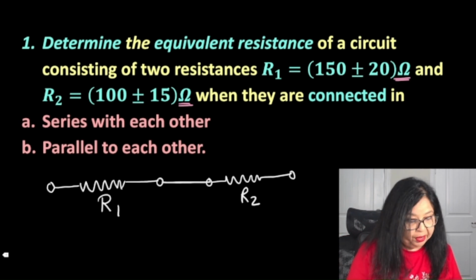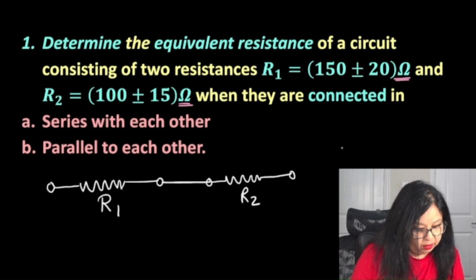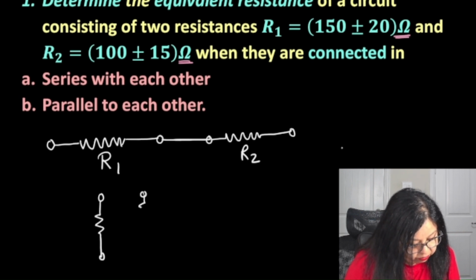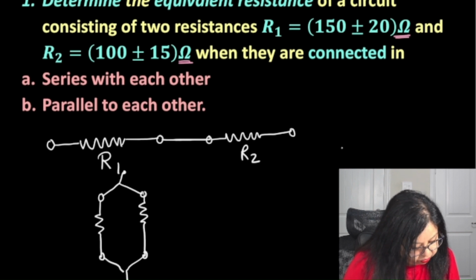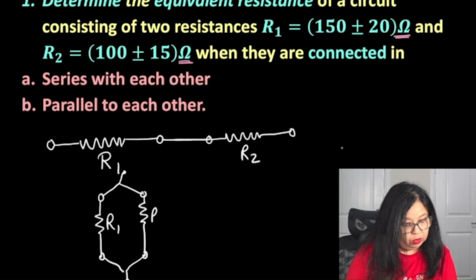While connecting in parallel, what would that mean? Connecting in parallel would mean, okay, let's see. Here is our R1. Here's our R2. And let's connect them in parallel. Now there's more than one way to represent how these are connected, but this is one way. R1 and R2 are here connected in parallel.